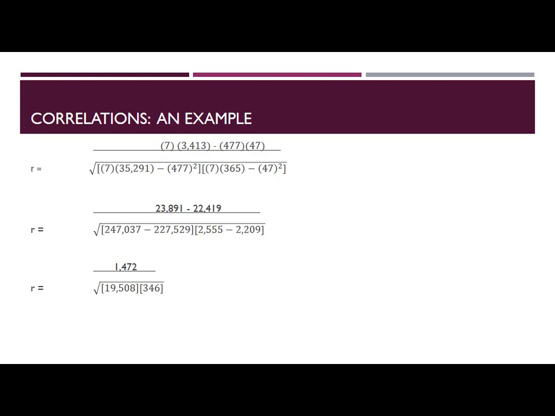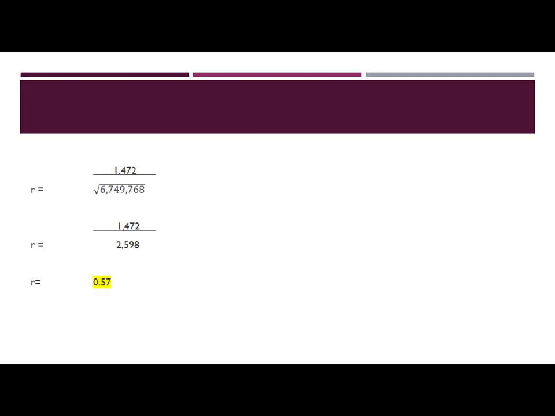Well, if you followed everything I did, we can just go ahead and do the next slide, and predictably, after we multiply the values in the denominator underneath the square root sign, we have a pretty large number, 6,749,768. It seems unmanageable until we hit that square root sign.